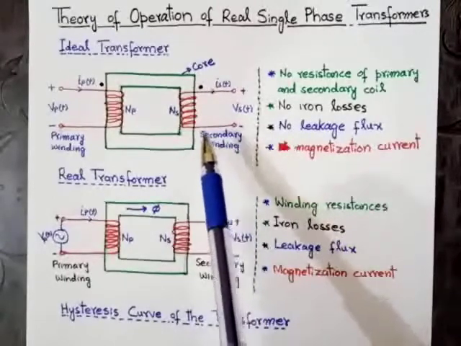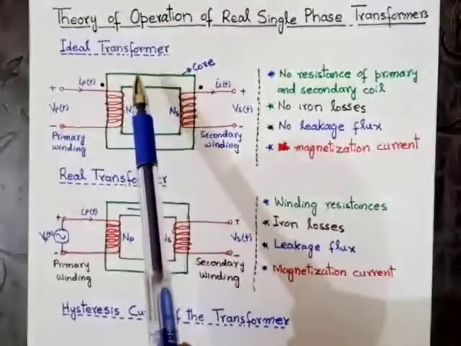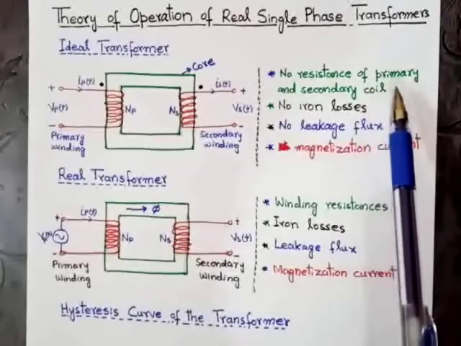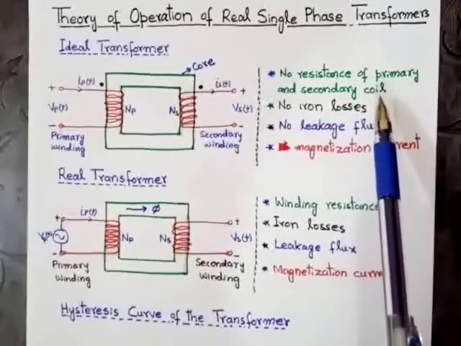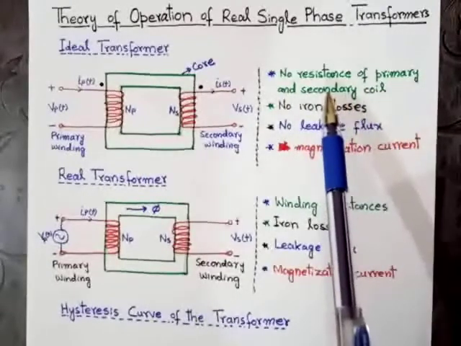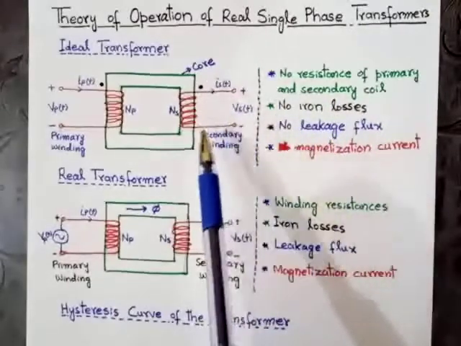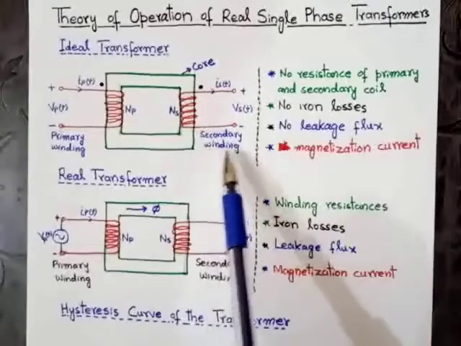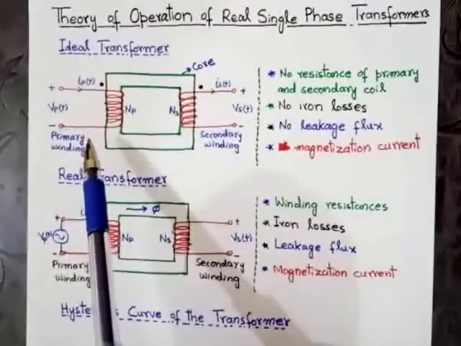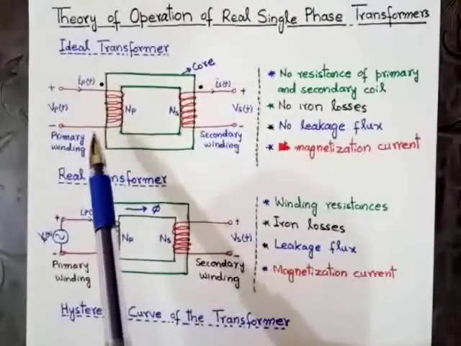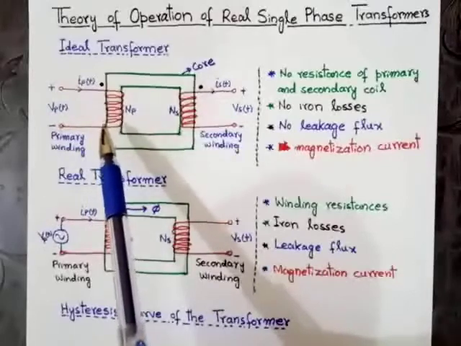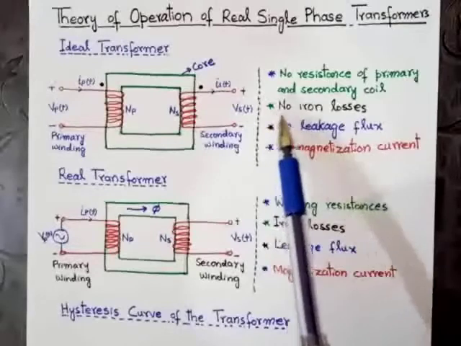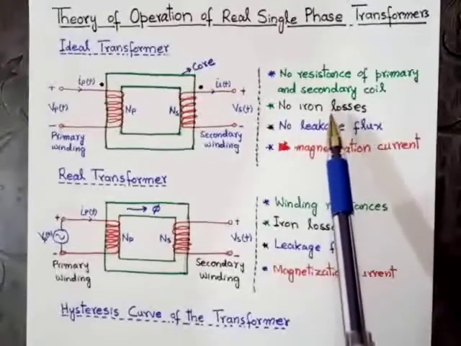In case of an ideal transformer, there will be no resistance of primary and secondary coils. It means the resistance across the secondary winding and across the primary winding will be zero, and also no iron or core losses.